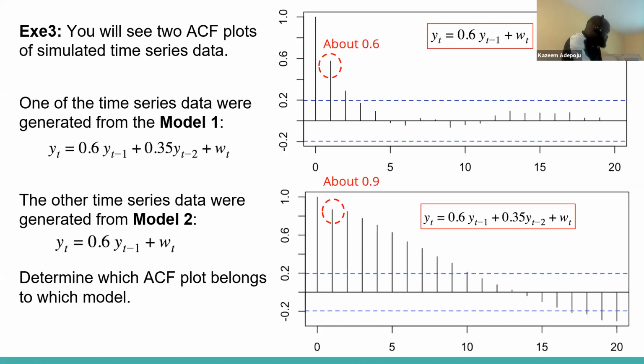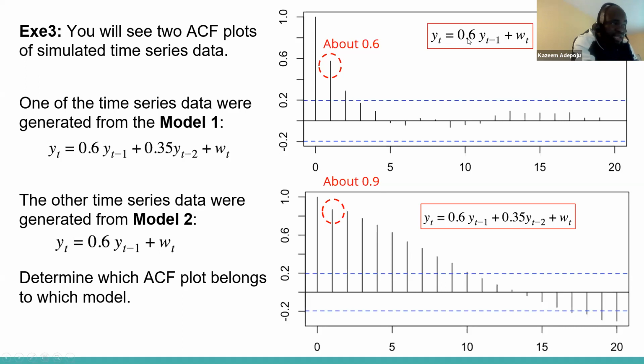Another thing I'm going to talk about is, how do I know that this is for model 2, and how do I know that this is for model 1? There is something I want you to remember.